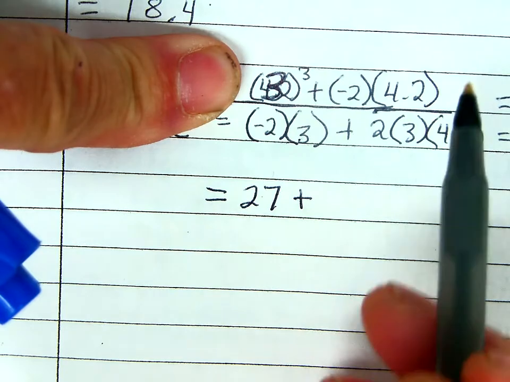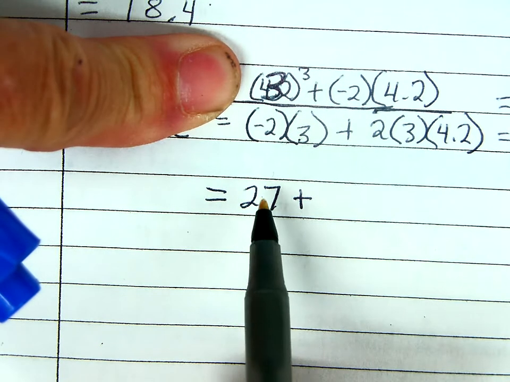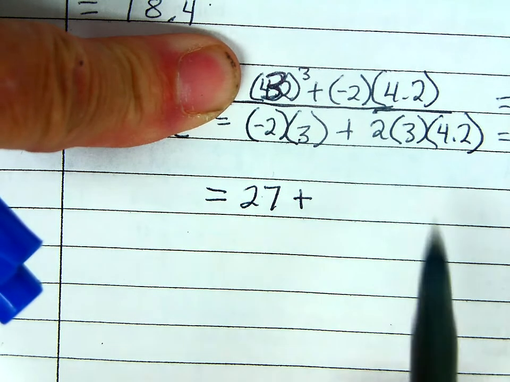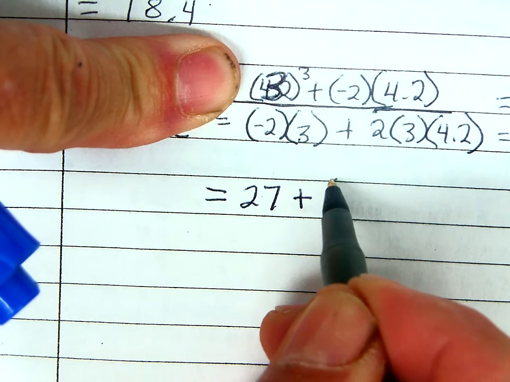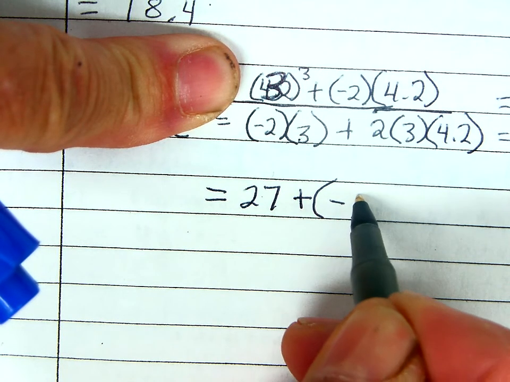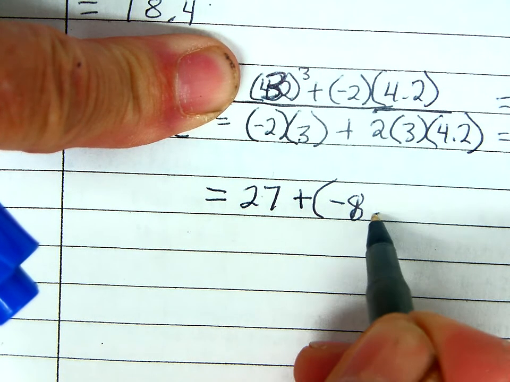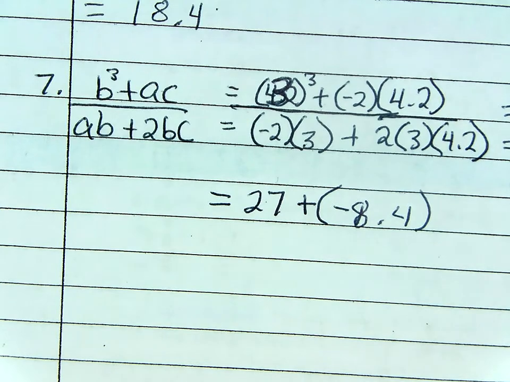Now, since this multiplication does not affect the 27, I'm going to go ahead and do the multiplication too. Minus 8.4.